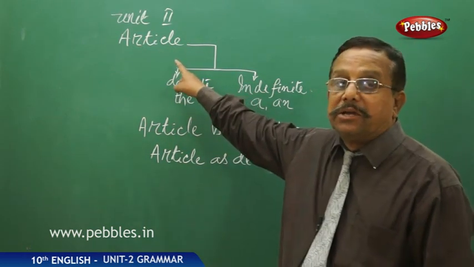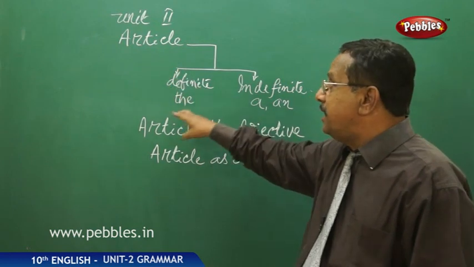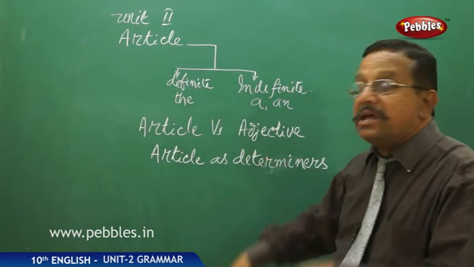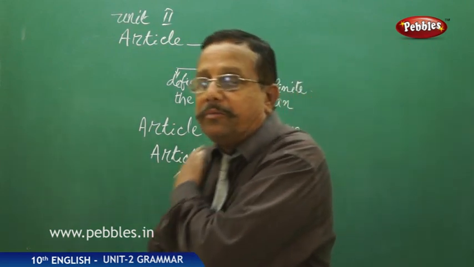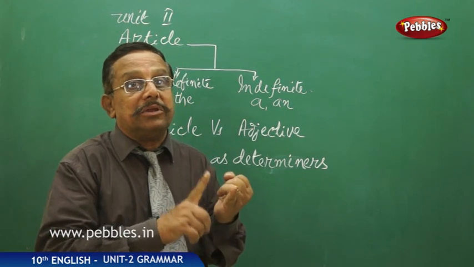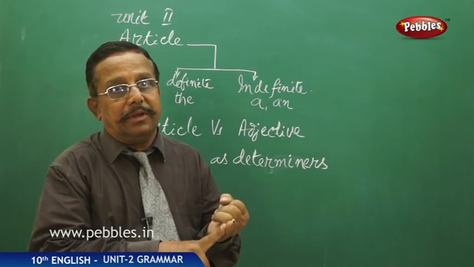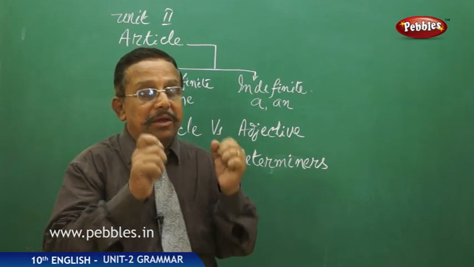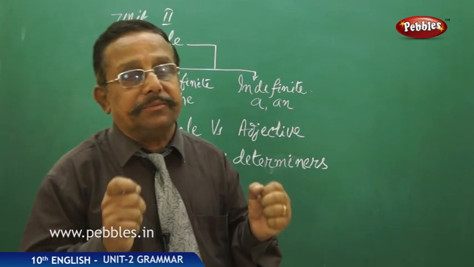One is what is an article. And second is article versus adjective. Third, article as a determiner. Now, a common noun cannot stand without an article. So, what is an article? Article is a pointer.